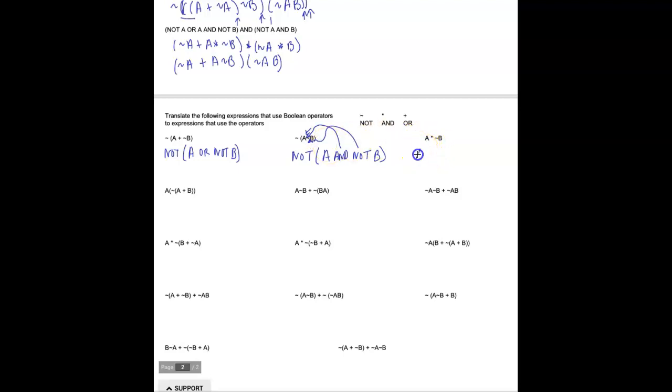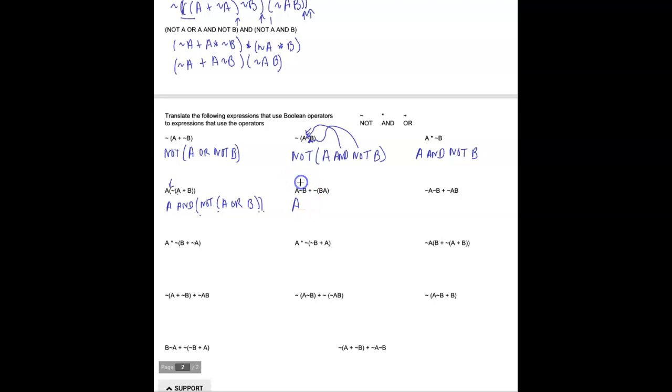Here, A, the multiplication is and, the tilde is a not, and the B is just an operand that stays the same. A and, that's multiplication going on in there, but parentheses, not, another set of parentheses, A or B, 2 right parentheses, they should match those two, and that is the translation.